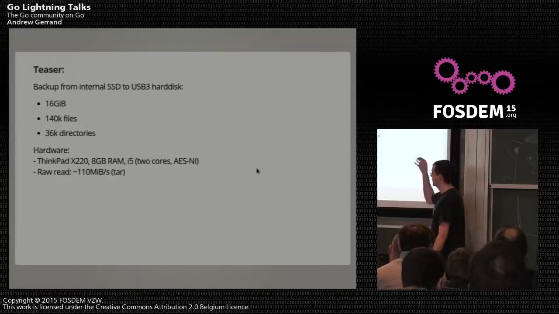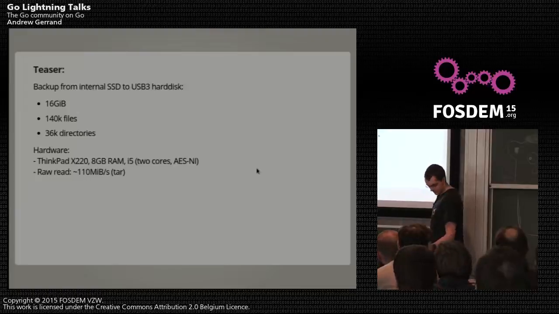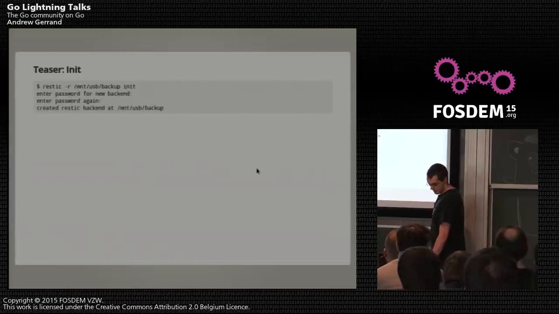The teaser: this is my use case from the beginning of the talk, 16 gigabytes, 170K files, 140K files and 40K directories, and so on. The example was running on my laptop here. It's a rather old ThinkPad with not so much RAM, but at least an i5 processor with AES hardware acceleration. Creating a backup repository is really easy.